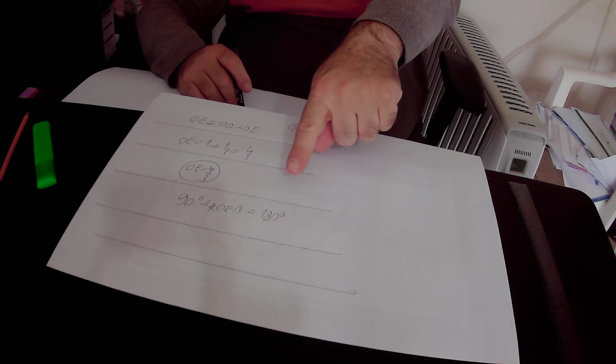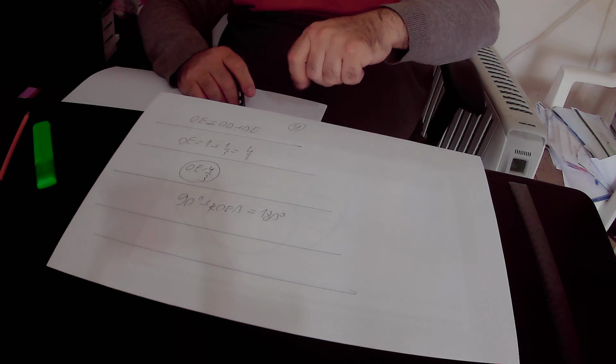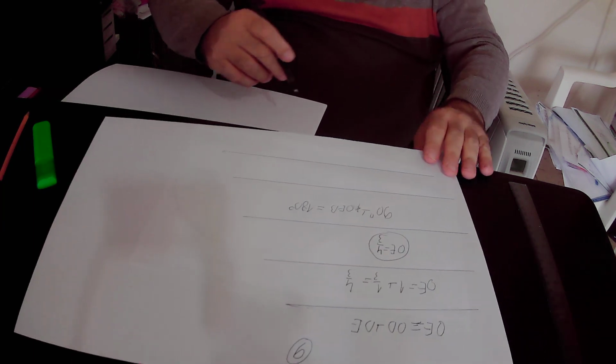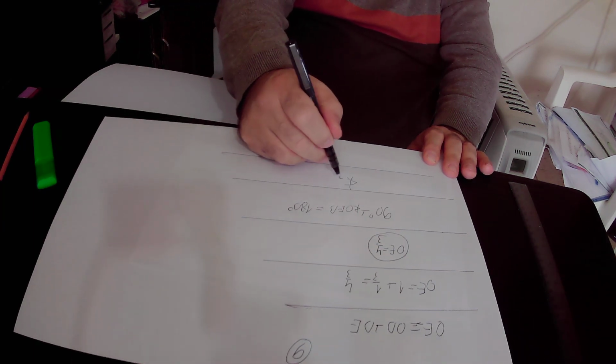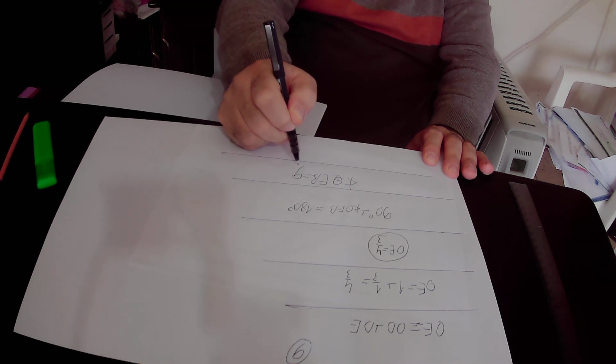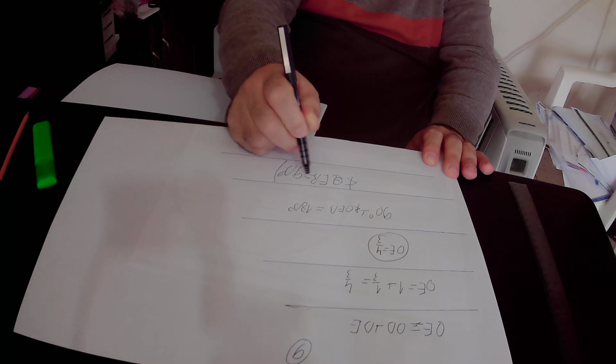We will subtract 90 degrees from this equality, and we will get that angle OEB equals 180 degrees minus 90 degrees, which is 90 degrees. So angle OEB is a right angle, it equals 90 degrees.